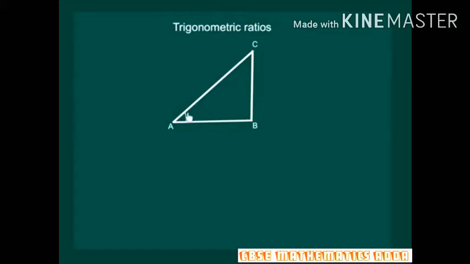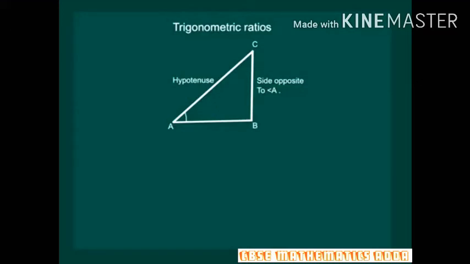So here this is your BC. BC is the side opposite to angle A, and AC is the hypotenuse of triangle ABC. Hypotenuse means the side opposite to the right angle.